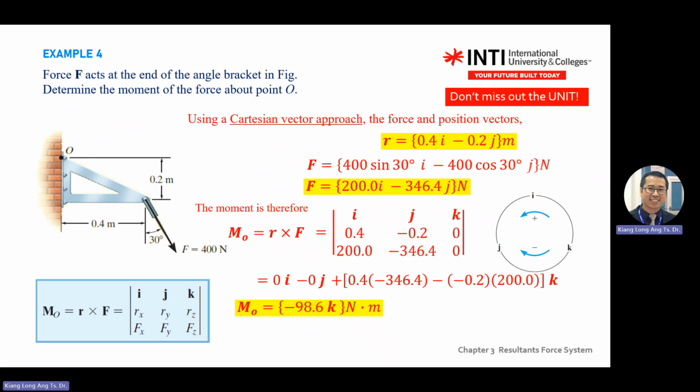But you can also give the answer as a positive value by flipping the direction of the axis. For example, this one, you get negative k. Where is k? Let's say positive is coming out from the screen, with x, y, and z coming out. So if you get negative, it means the moment axis is going in.